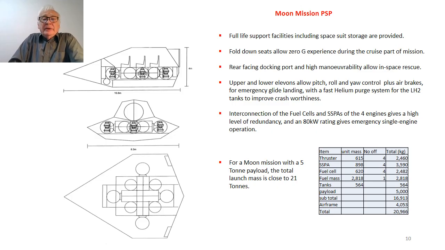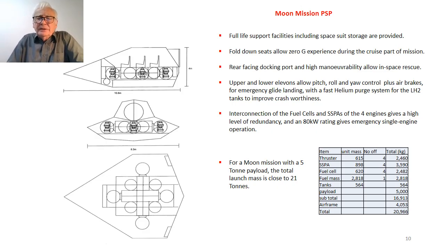Now, the cabin, the crew cabin, is quite large. It has full life support facilities, which includes spacesuit storage, and the seats fold down so that during the cruise period of the mission, the passengers can enjoy zero-G experiences.